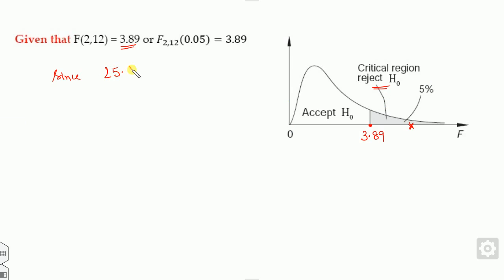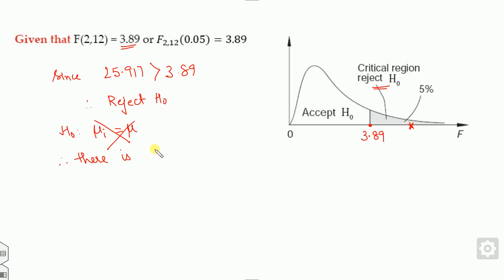Since 25.917 is greater than 3.89, you have to reject H0. What is your H0? All the means are the same. So this is rejected. It means there is a significant difference between the battery lifespans.